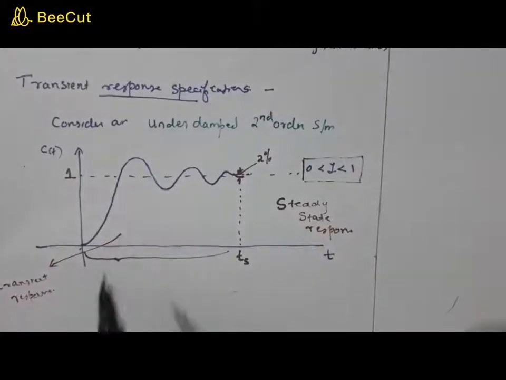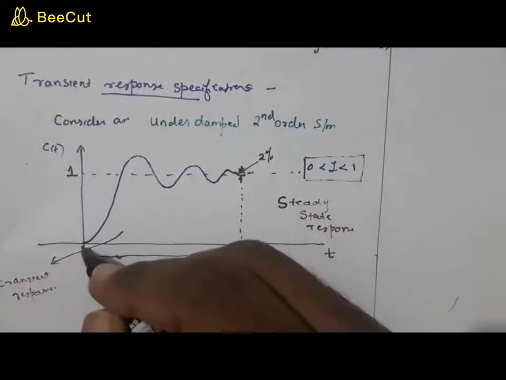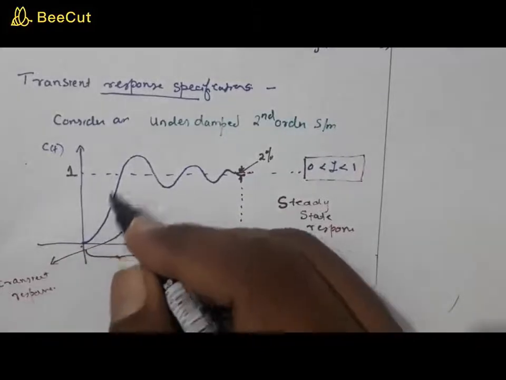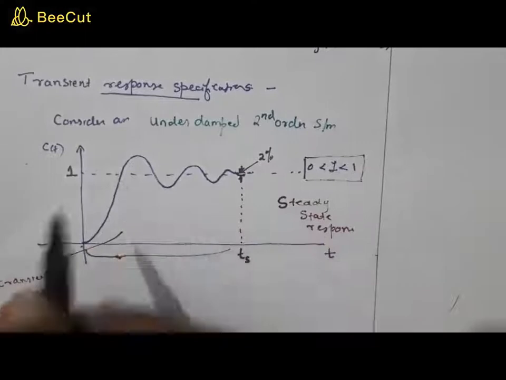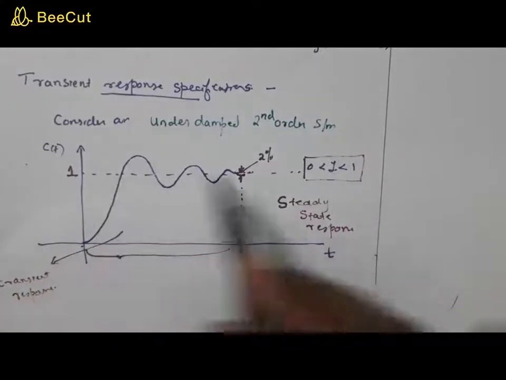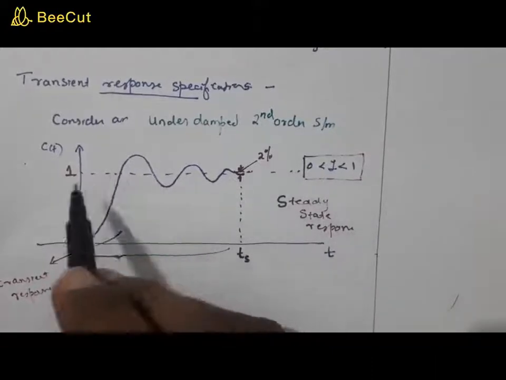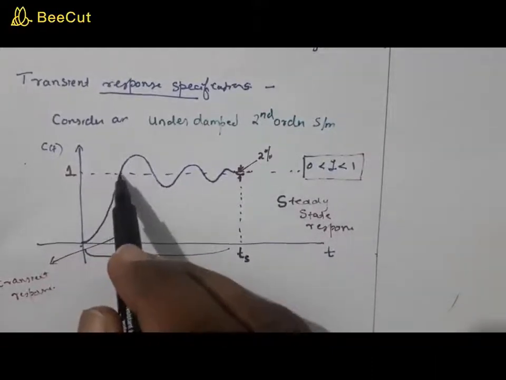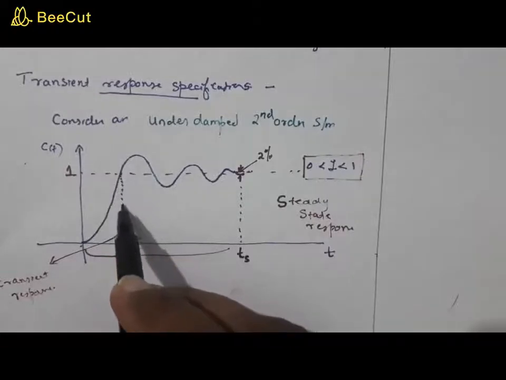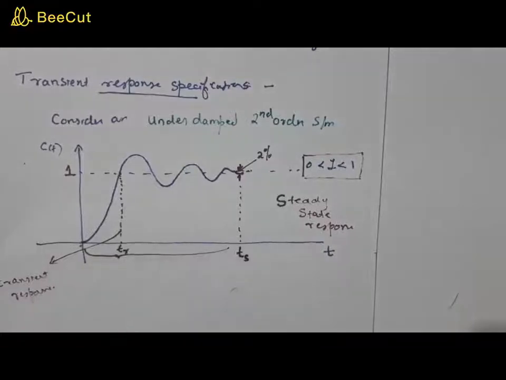First, the output response at first reaches 100% of the output at this time. The first time it passes through 1, we can define that point by a particular time. Let us call that TR.